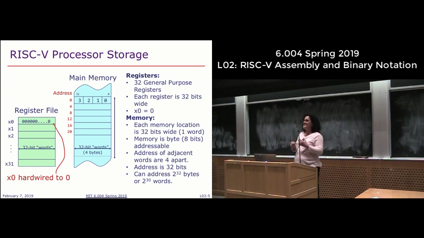However, a slight complication, which is more historical than anything else, is that the addresses which specify which location in memory we're trying to access are in terms of bytes. So what's a byte? A byte is 8 bits, whereas our word is 32 bits or 4 bytes, okay?